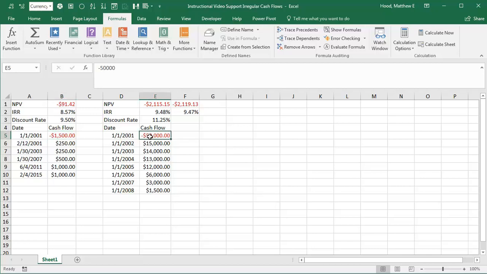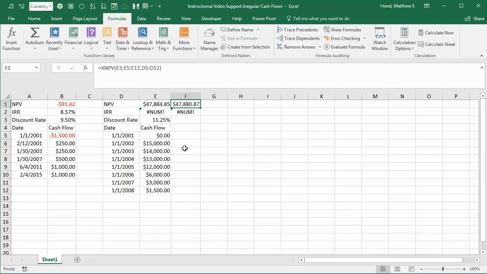But if you don't have a cash flow, you can't leave it blank. You put in 0. And the number's positive, right? You can't get an internal rate of return because there's no negative cash flow. But the present value of all those future cash flows, or the value of all these cash flows as of this date, is 47,880.